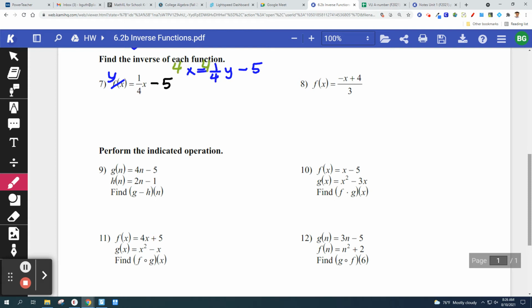I'm going to multiply by 4 here, and you multiply everything by 4, and it'll cancel out right here, but that's the only place where it cancels out. 4 times 1/4, it cancels out. That's the whole point of doing what we're doing with the inverses. We're doing the inverse operations. I'm left with 4x equals y minus 4 times 5 is 20.